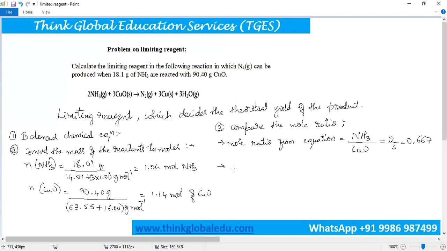The mole ratio from the given mass will be equal to 1.06 divided by 1.14, which will be equal to 0.930.